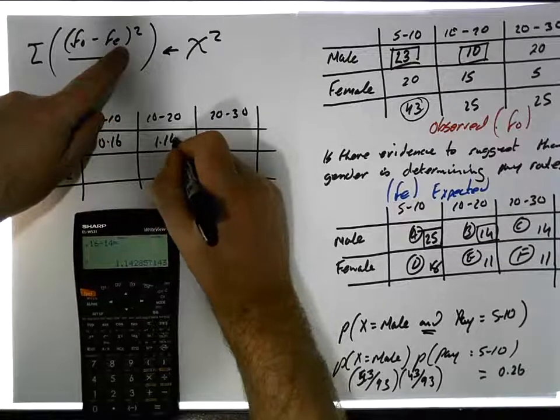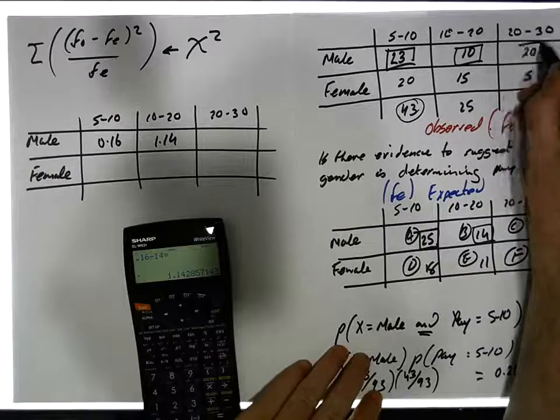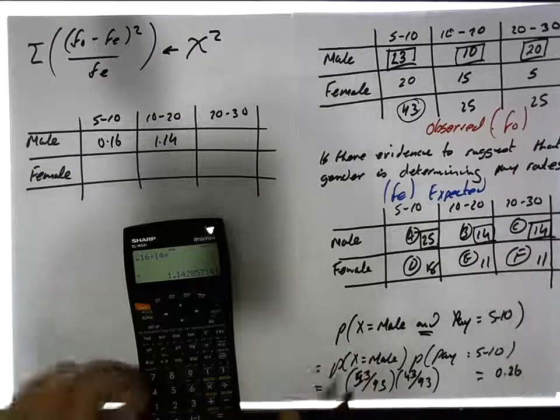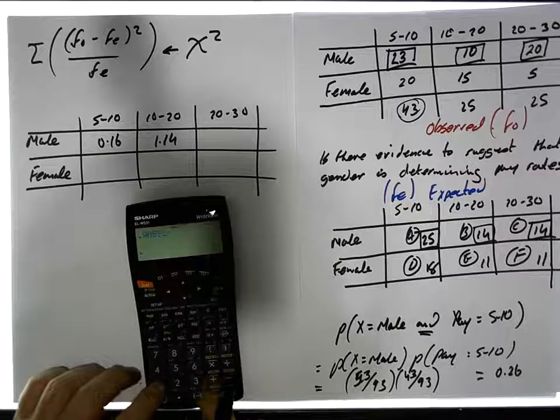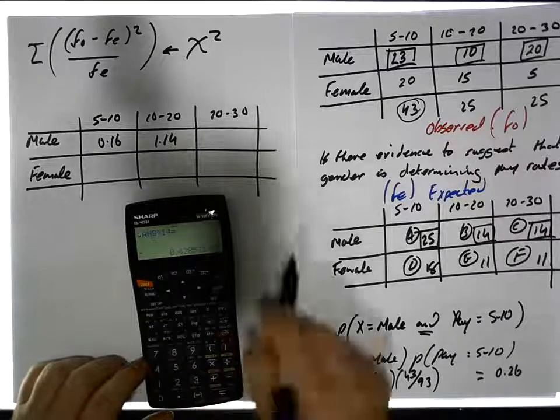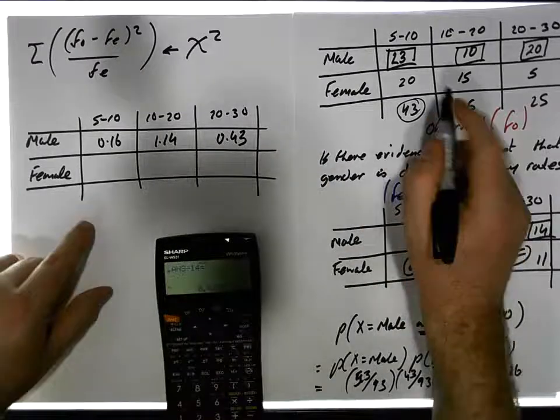So 1.14 here. What would we expect in here? Well, it's the observed minus the expected. So it's 20 minus 14, squared, divided by 14, which gives us a value of 0.43. What would you expect to happen in here?